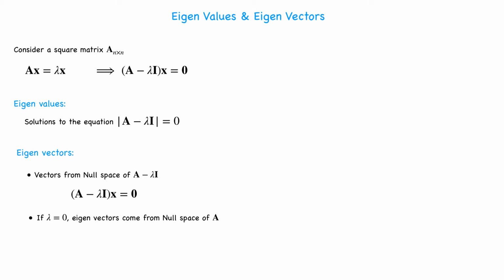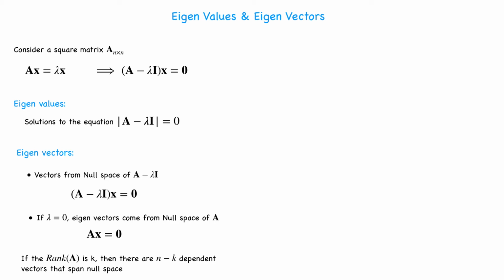If λ is equal to 0, then eigenvectors come from the null space of the matrix A, because then the equation becomes Ax = 0, which is a system of equations where the solutions come from the null space of A. If the rank of A is k, then there are n minus k dependent vectors that span the null space.